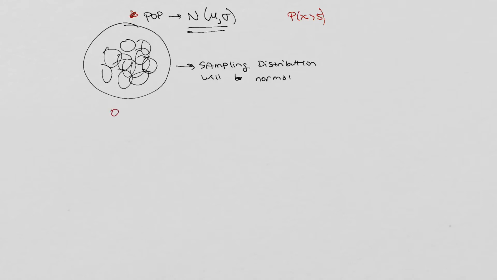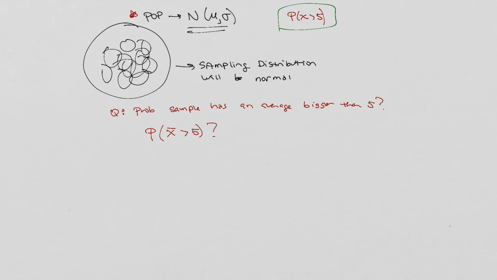So the question might look like this: what's the probability that the sample has an average bigger than 5? Since we're talking about a sample average, instead of saying X, an individual, is bigger than 5, we'd say X bar, the average of the sample. What's the probability that X bar is bigger than 5?